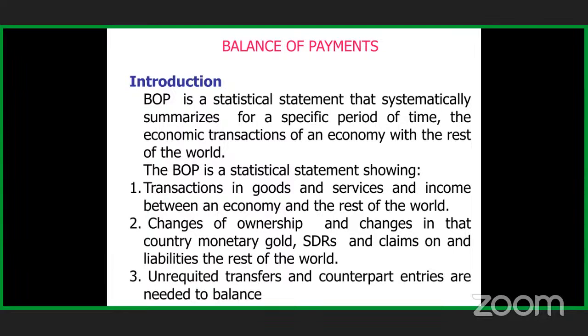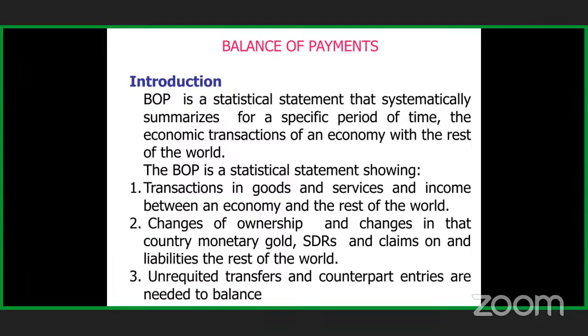The main factors which affect the balance of payment are conditions of foreign lenders, economic policy of government, all the factors of BOT, prices of goods manufactured at home. These are all the factors which affect the balance of payments.